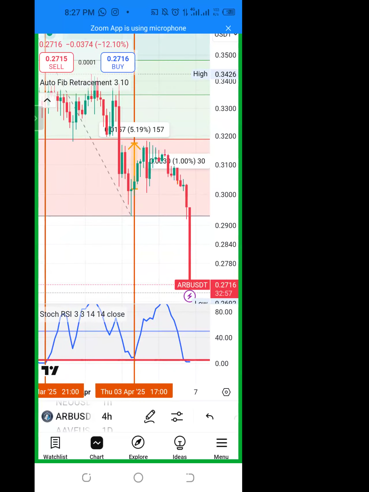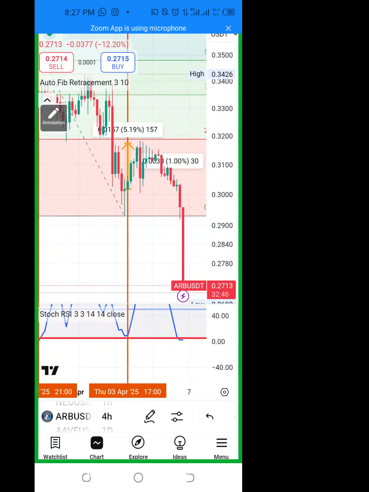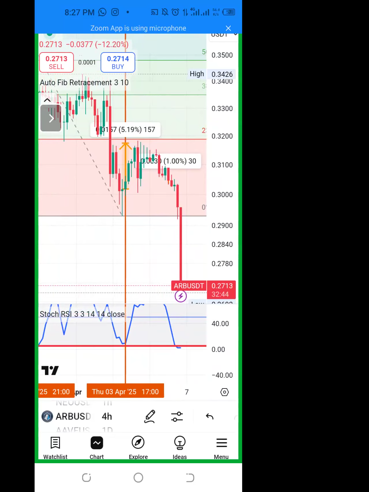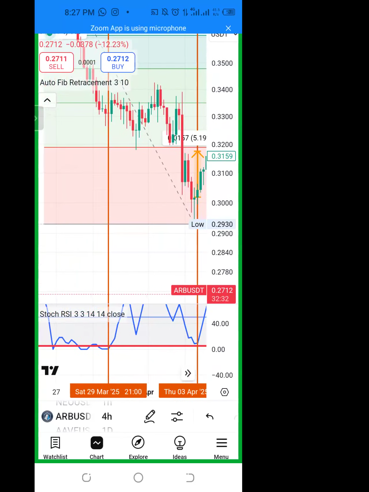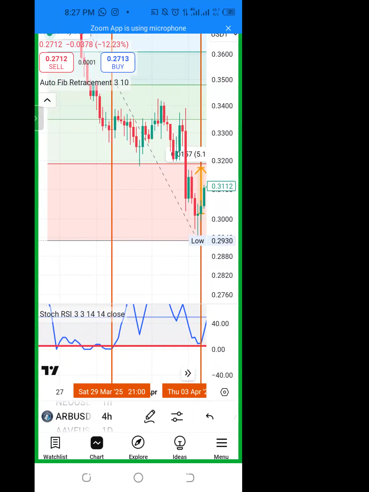Just look at that long orange line here. The stochastic line turned up at less than 7, almost 5. When it turned up, the coin did 4%, 5.9%, 5.19%. When it did it here too, below the 5 signal value, it went up.